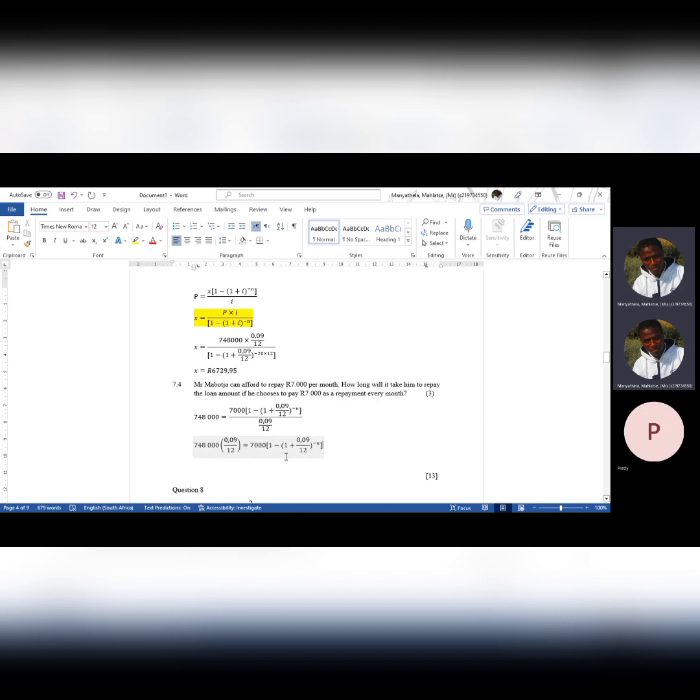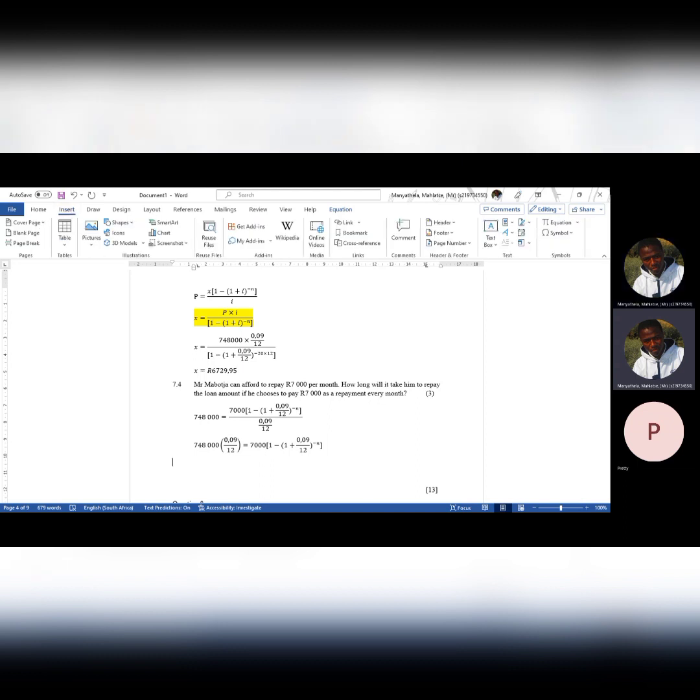So the next step, we're going to divide both sides by 7,000. So we're going to divide this side by 7,000 and also this side by 7,000. Okay, firstly, let's simplify 748,000 times 0.09 over 12, and put a simplified one here before we even divide.